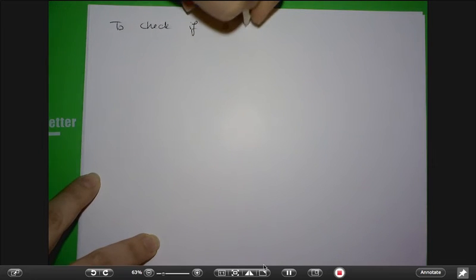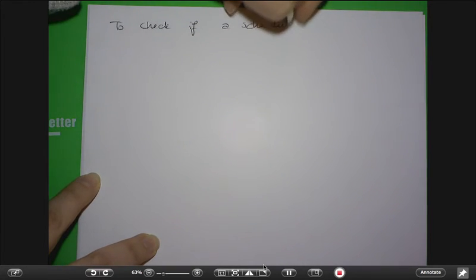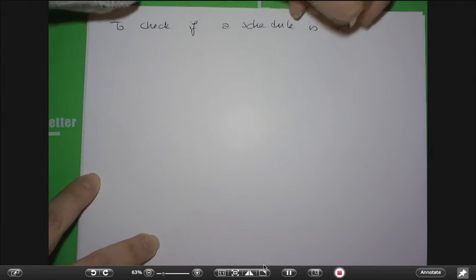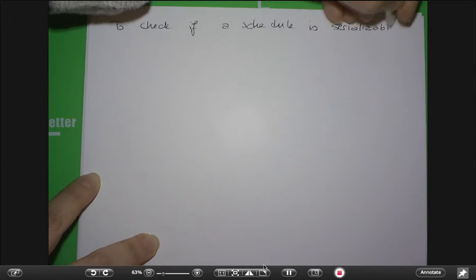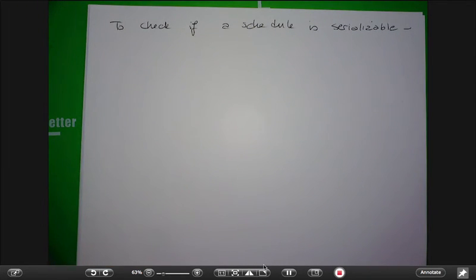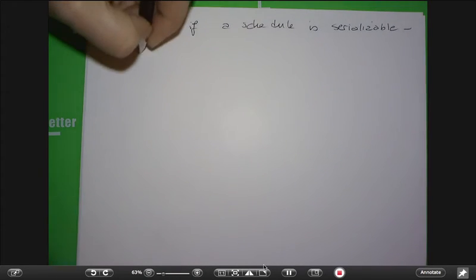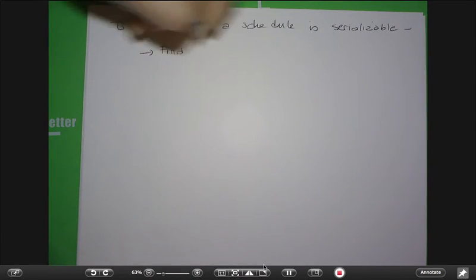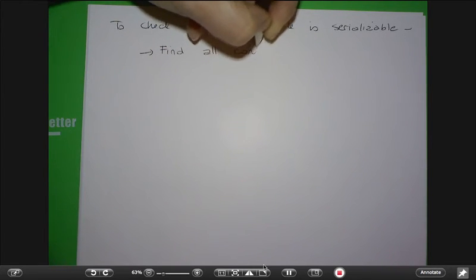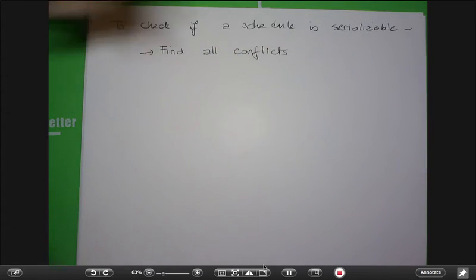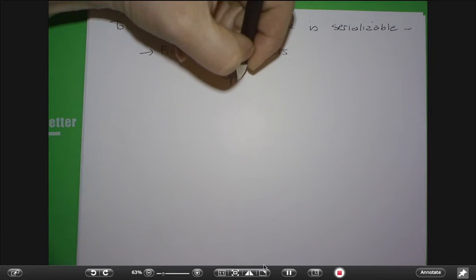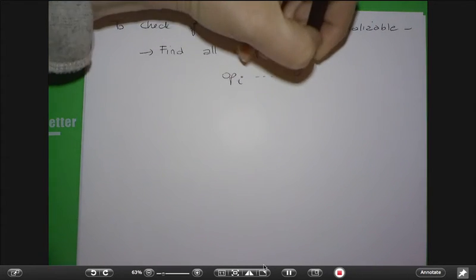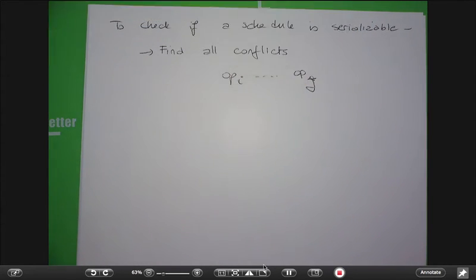To check if a schedule is serializable, first I'm going to find all conflicts. It's going to be something like operator I and operator J, right?